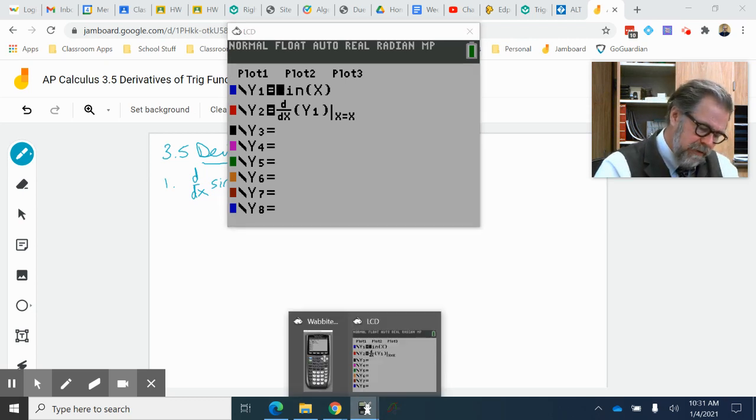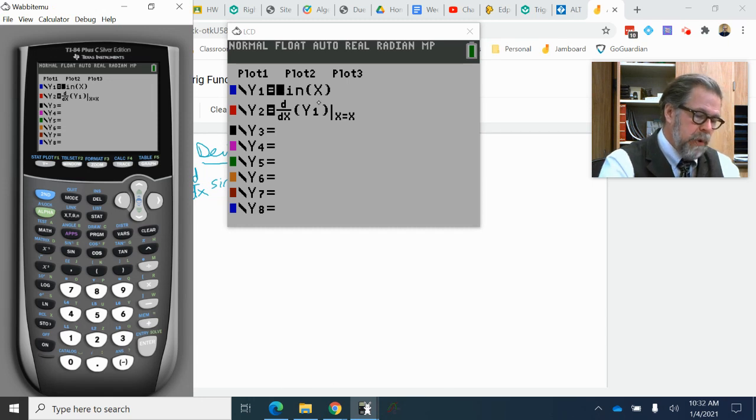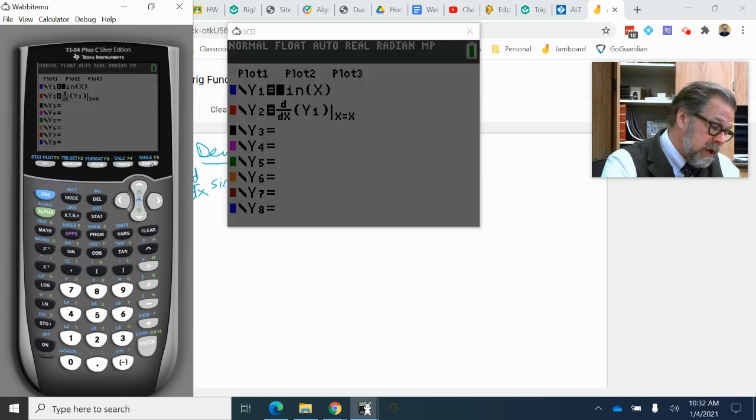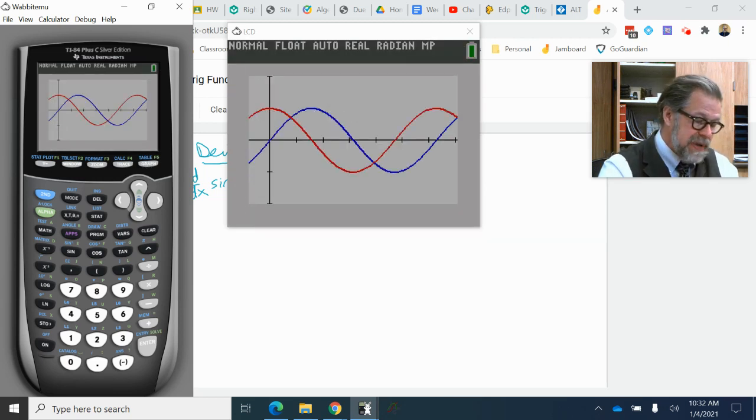So I have graphed both sine and the derivative of sine on the same set of axes. I've made the window approximately 2 pi wide so that we can see one full cycle of sine. And here's what we have for the graph. The blue obviously is sine of x. The red is the derivative of sine.